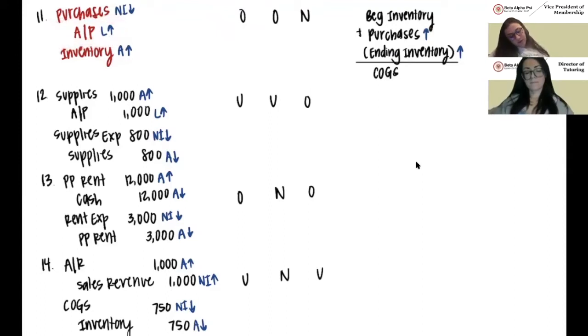So liabilities are overstated. And since purchases decrease our net income, our inventory, because it's included in COGS, cancels this out and there's no effect on net income. Because purchases increase it, ending inventory is increased, but it has a negative effect. So it cancels it out and there's no effect on net income.